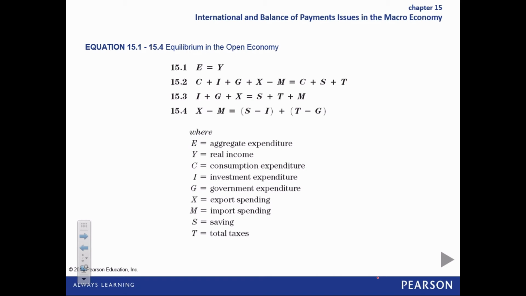Equilibrium in the open economy. This is just a little bit of algebra. You would see that expenditure equals income. Expenditure is these: consumption, saving, and taxes. That's what you do with your income.